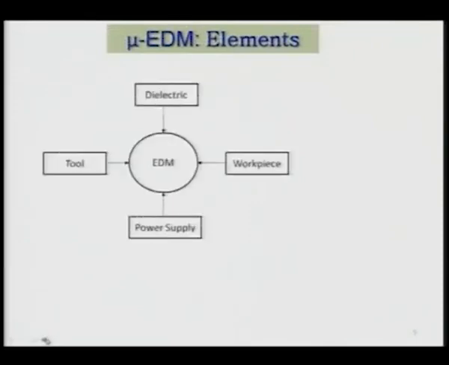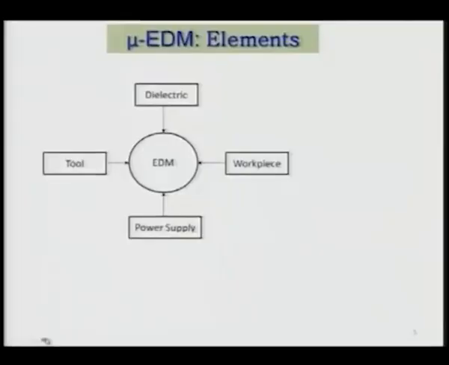Now, what are the electric discharge micro machining setup elements? It is the same as what we had in electric discharge machining, that is the tool, which is also known as the cathode and is made of electrically conducting material. Then you have the workpiece, again made of electrically conducting material.